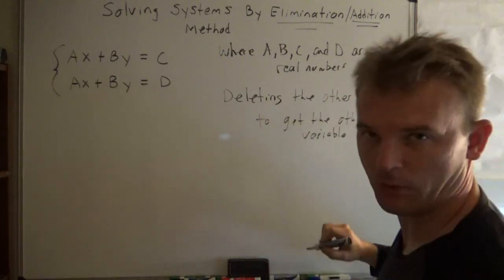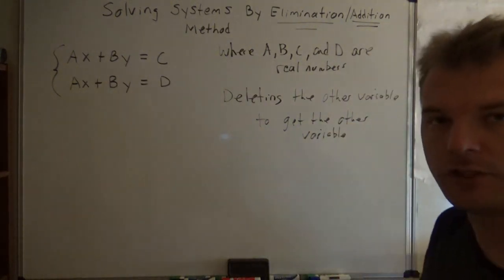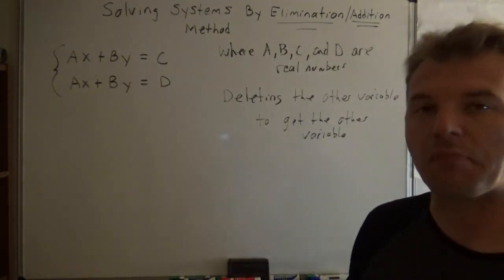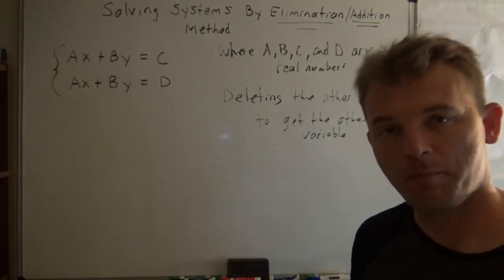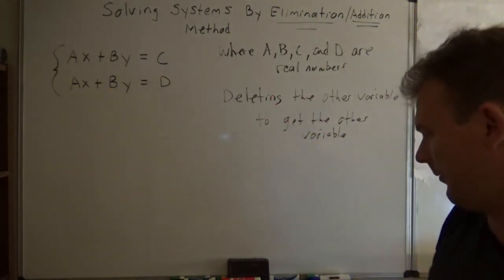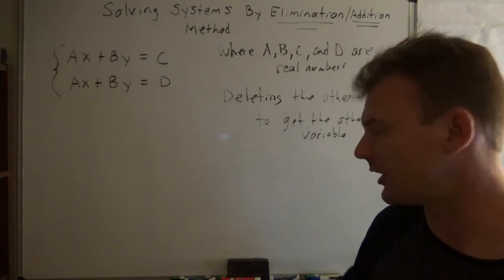To keep it simple, that's kind of what it is. You're deleting or eliminating one of the variables up there to get the other one. And you will see where this fits in. I'm just keeping it simple for the sake of demonstration.